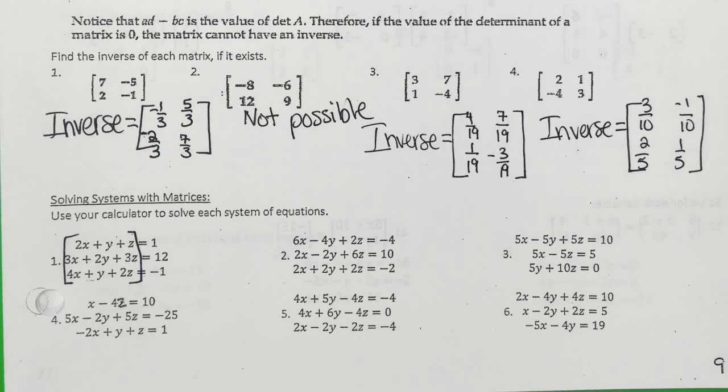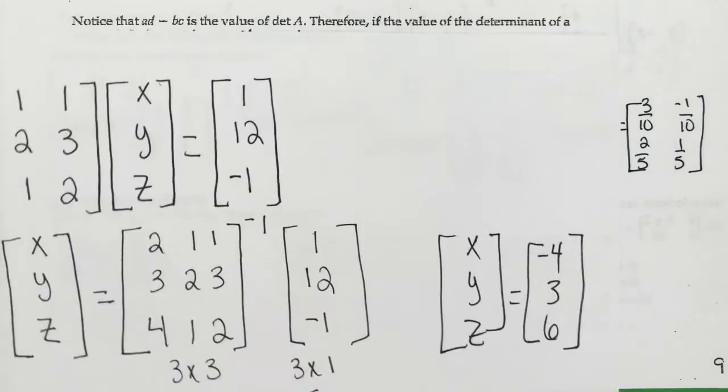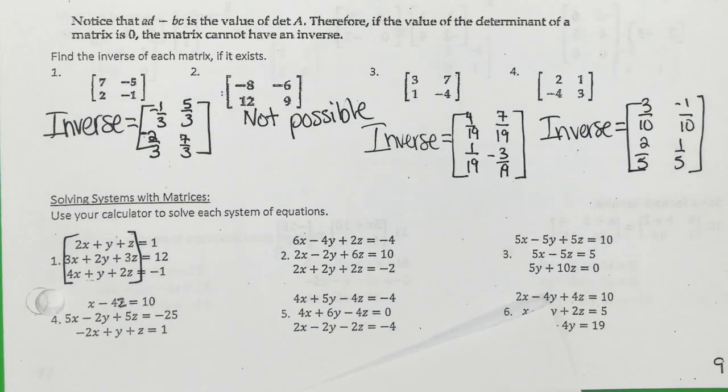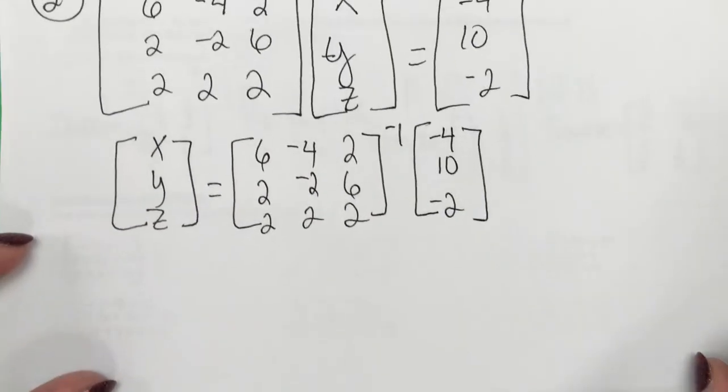How many answers do we have to keep? What it's equal to, just like we did here. Okay, so make sure you've set it up like that, okay?